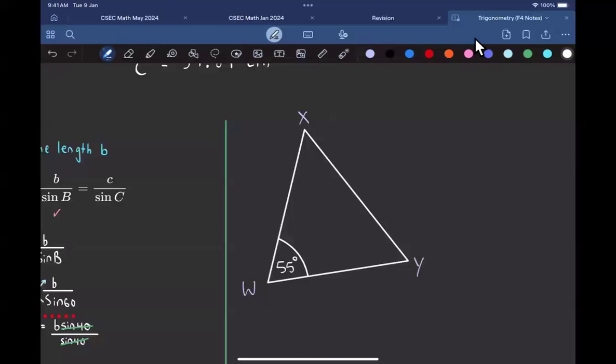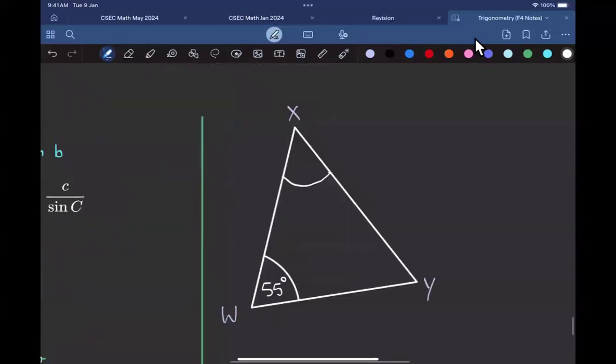Any angle that you choose. X. Actually, we should leave it a mystery.